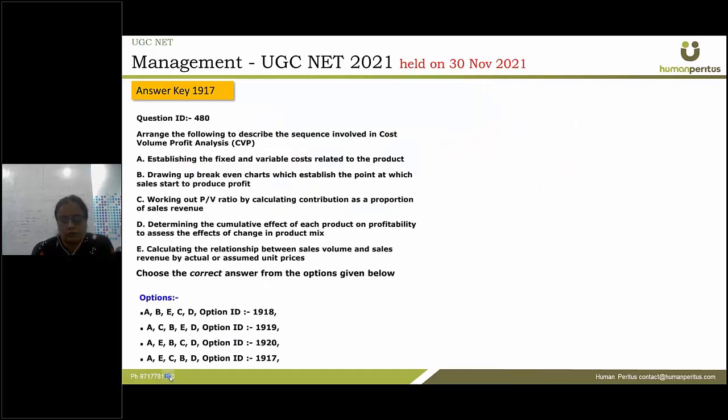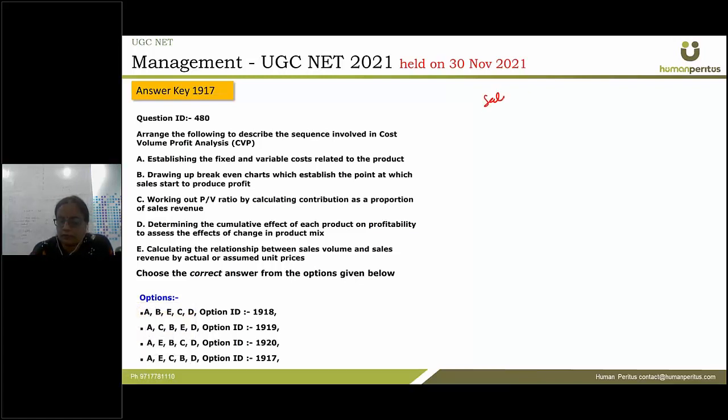Now, in this question, arrange the following to describe the sequence involved in CVP analysis, cost, volume, profit analysis. What actually cost, volume, profit analysis is? Cost, volume, profit analysis is how much is the effect on the profit due to change in cost or change in sales volume, right? So we calculate contribution figure.